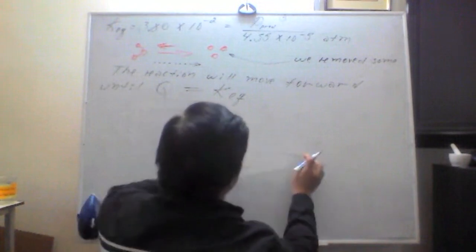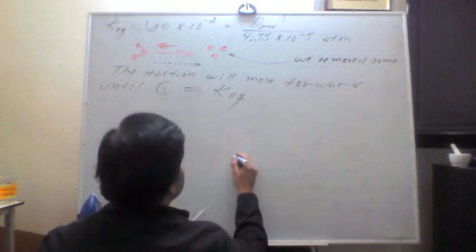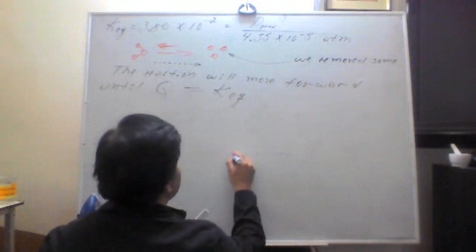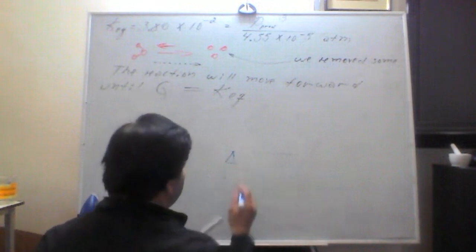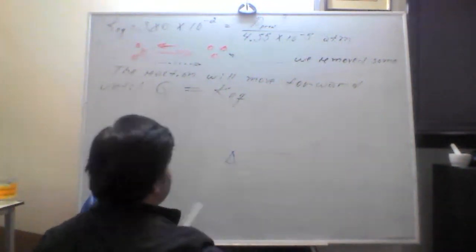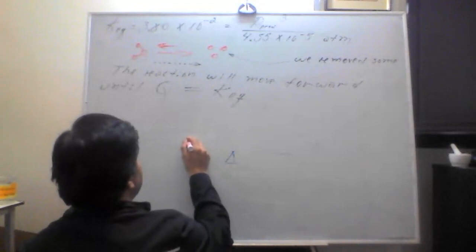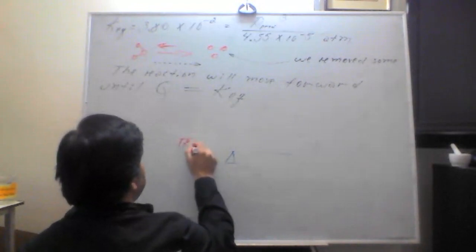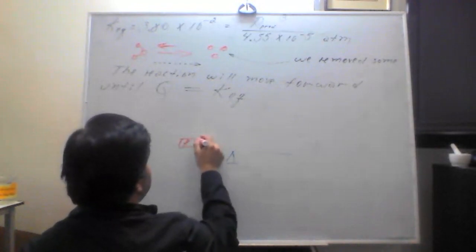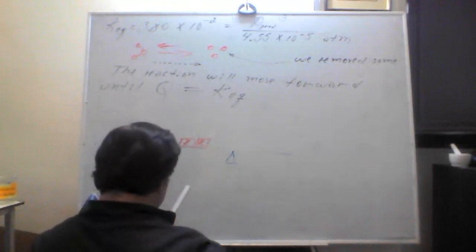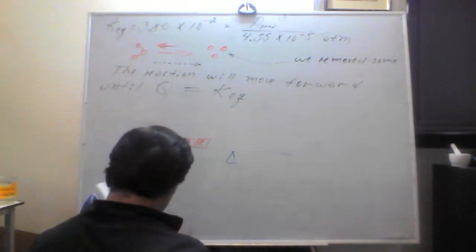So what you have is something like a system of equilibrium. Let's suppose you have a knife edge here. And then here you have some reactants, and here you have some products.